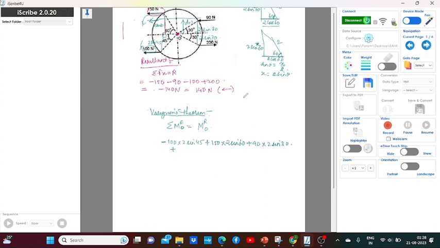So 200 into 2 sine of 30. This is equal to the moment of the resultant, which is 140 into d, and let me assume that it is going in the anti-clockwise direction.